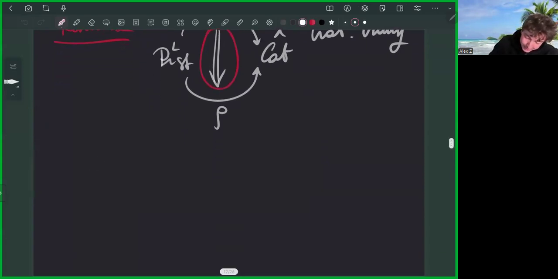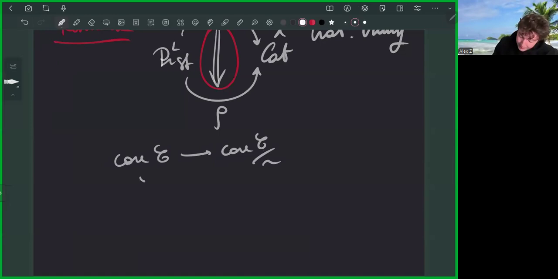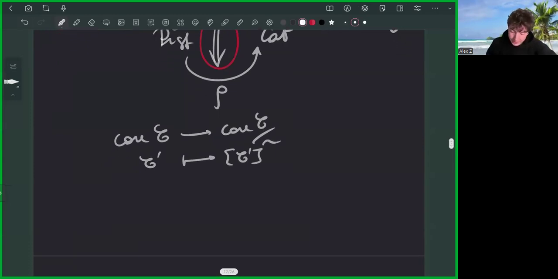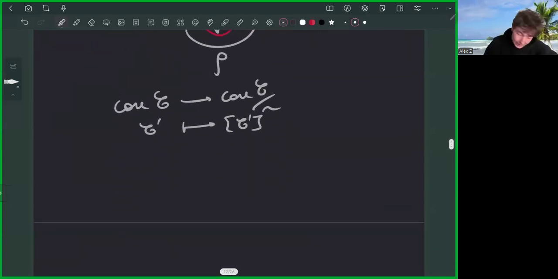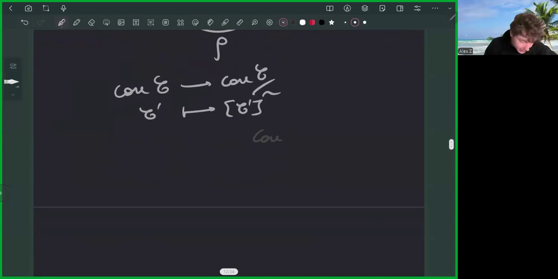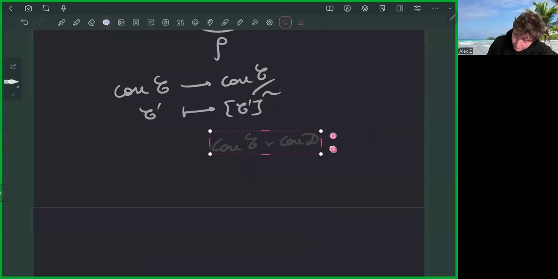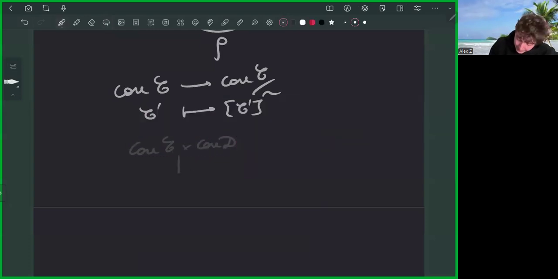On components, let me write core C, and this is really just the quotient functor. So you map C prime to the equivalence class of C prime. This is a functor, and you can check that this is a Lax symmetric monoidal natural transformation.